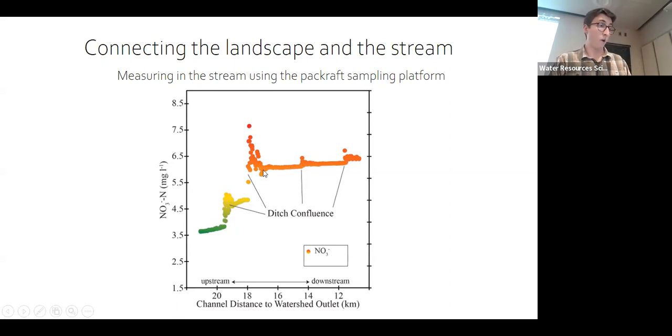So overall, compared to this section up here where you have this wetland complex, compared to this area downstream, yes, you see these differences. And you can see, when you pass these ditch confluences, you have an increase in nitrate concentration. And you see the spike, but then it remains a little bit higher as well.